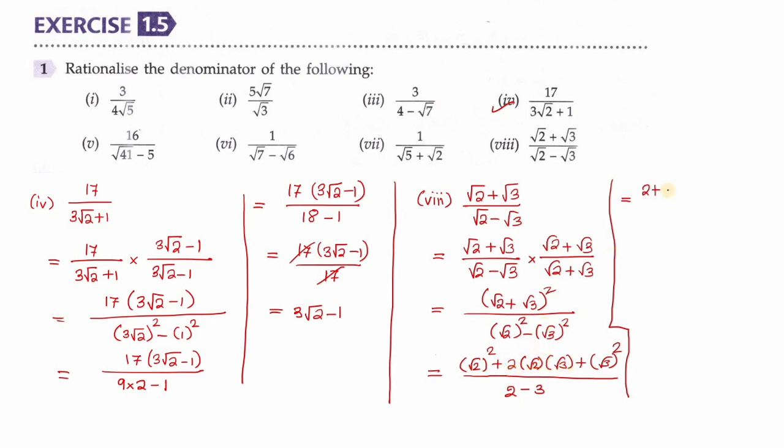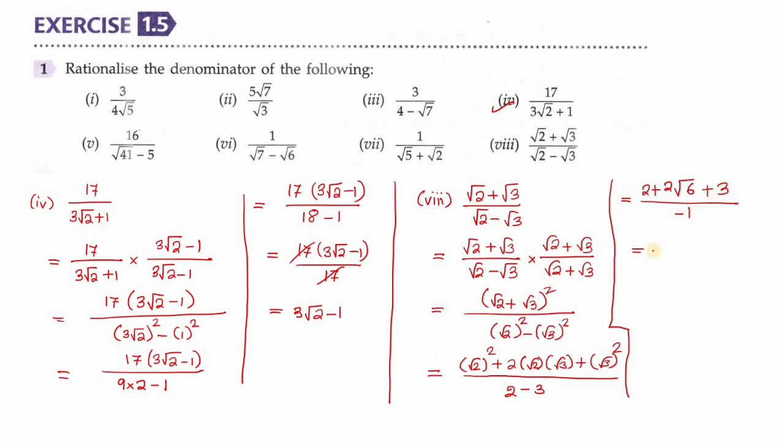So as I said, within square root sign, whatever we have, those things will be multiplied. So 2 into 3 is 6 plus, root 3 square is 3 whole divided by, now 2 minus 3 is minus 1. So ultimately your answer will be, see here carefully, it is 2 plus 3 is 5.